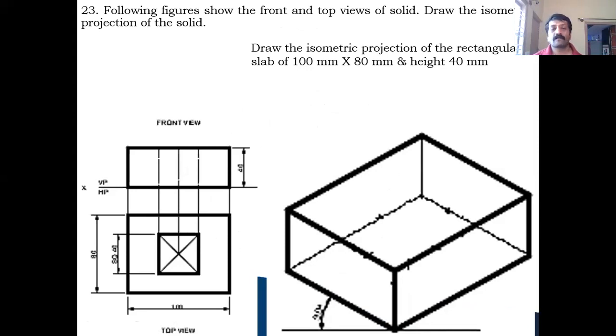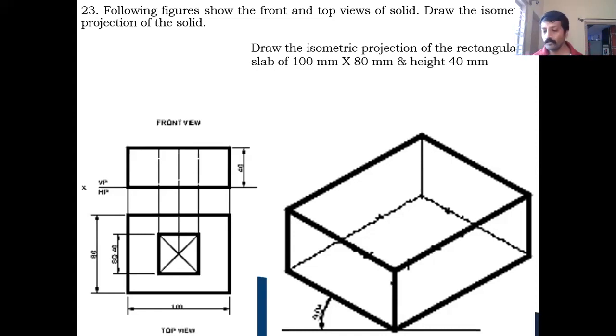By looking at the top view and front view, the rectangular slab is the base solid, and within that slab, exactly at the center, a square hole of 40 millimeter is drilled, in a slab which has 180 millimeter side and 40 millimeter height.